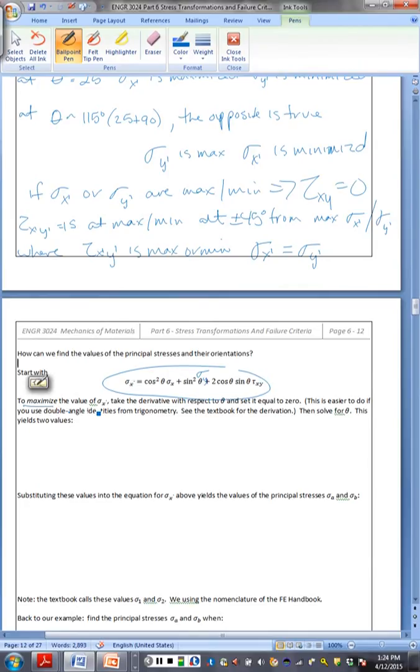If we want to maximize that expression, we need to take the derivative with respect to theta and set it equal to 0.